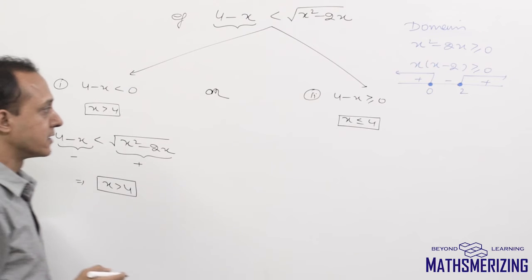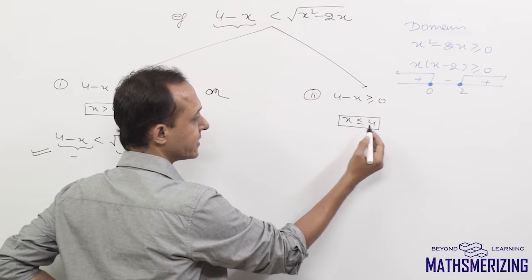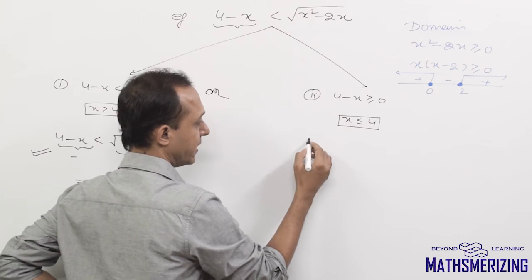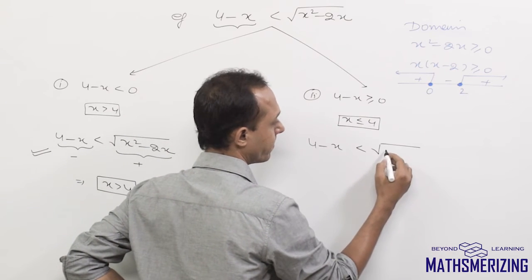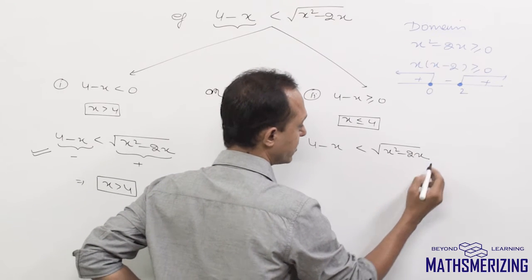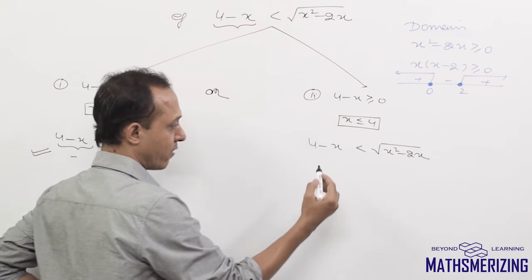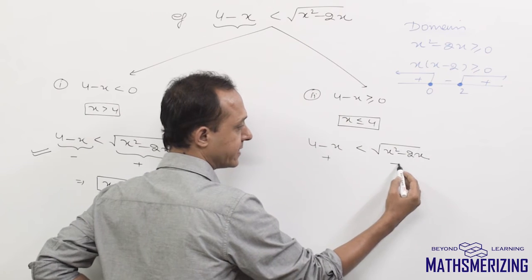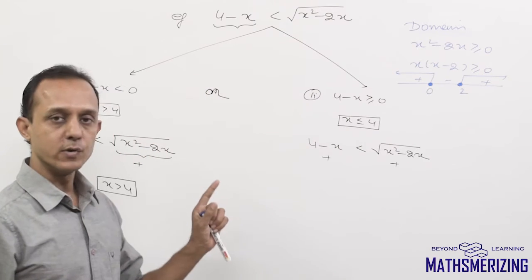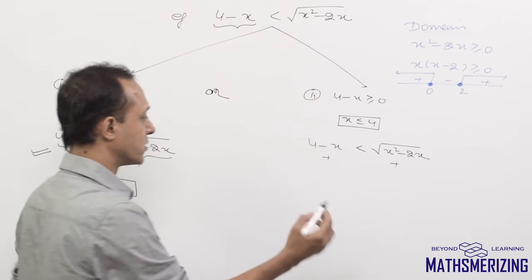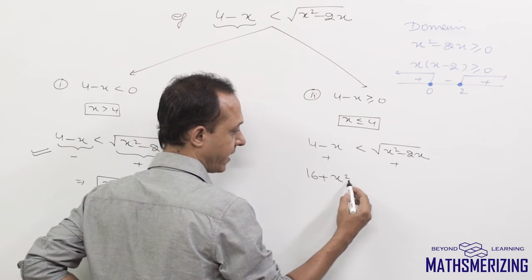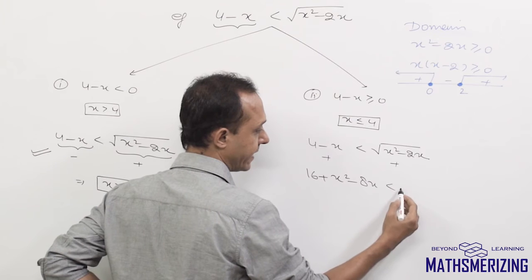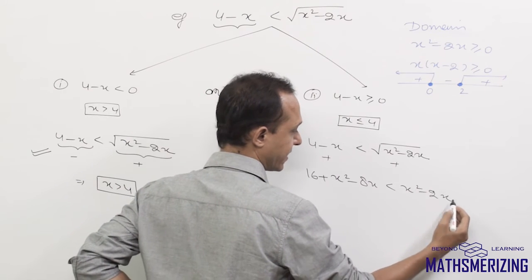Now, I'll come to the second case. When x is less than or equal to 4, the condition I have is 4 minus x is less than the square root of x square minus 2x. Now, the left hand side is positive and the right hand side is also positive, so I can square it. If I square, I'll get 16 plus x square minus 8x less than x square minus 2x.